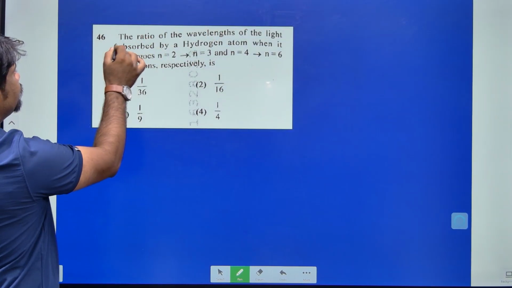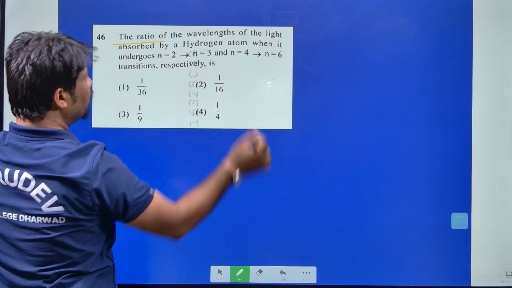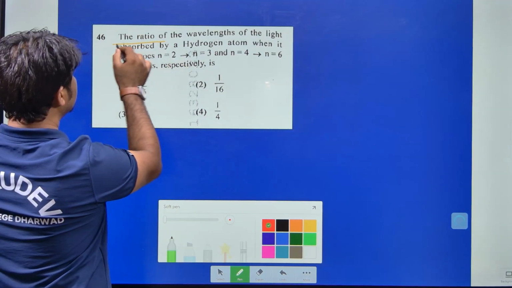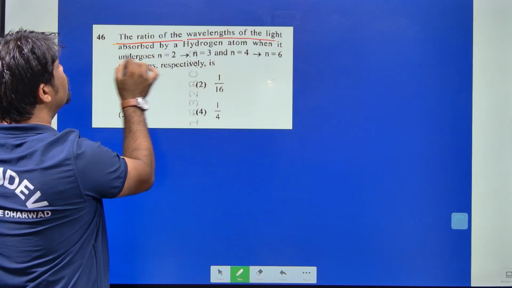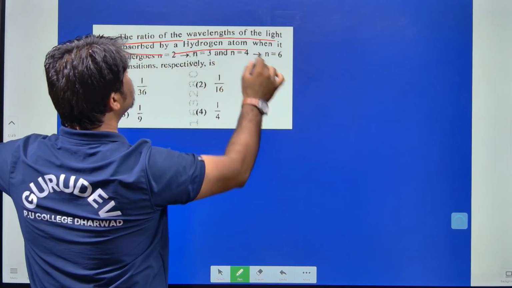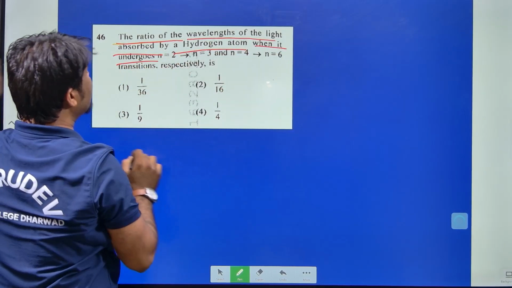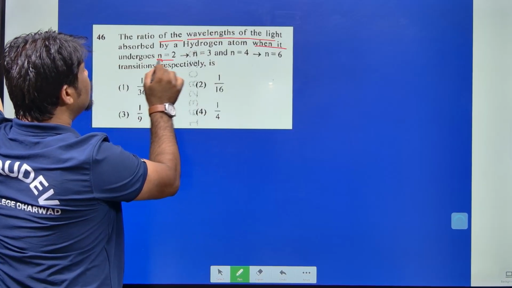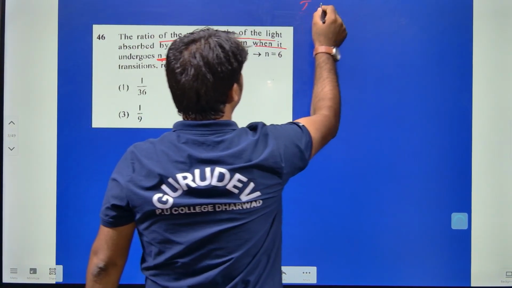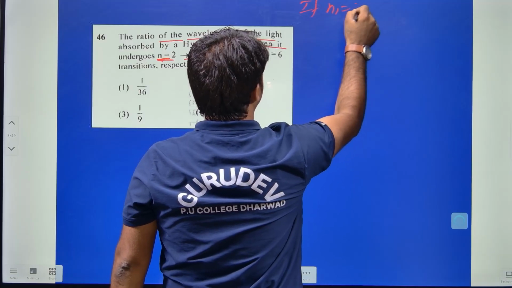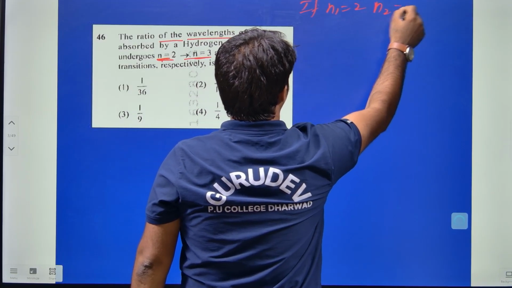See what they have given here. The ratio of wavelength of the light absorbed by a hydrogen atom when it undergoes transition from n1 equal to 2 to n2 equal to 3.